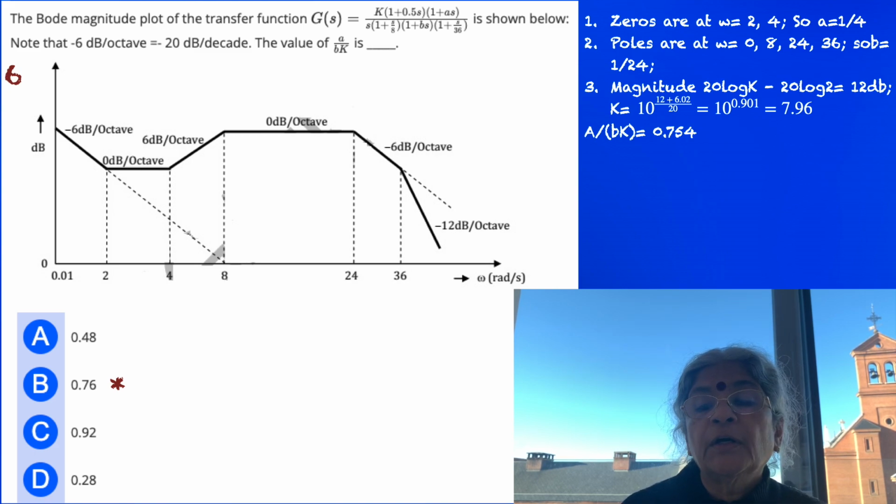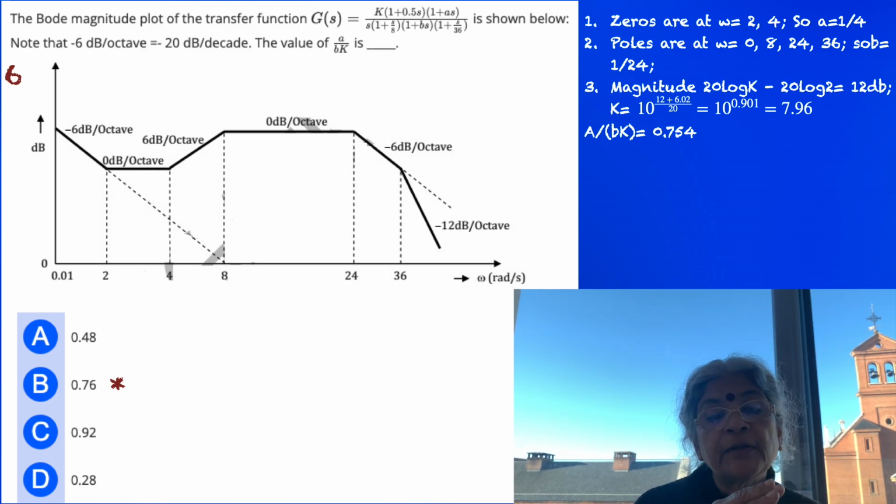If we had 20 log K minus 20 log 2 would have proceeded, it would have 20 log K at frequency 2. Let's see what would be the dB value.